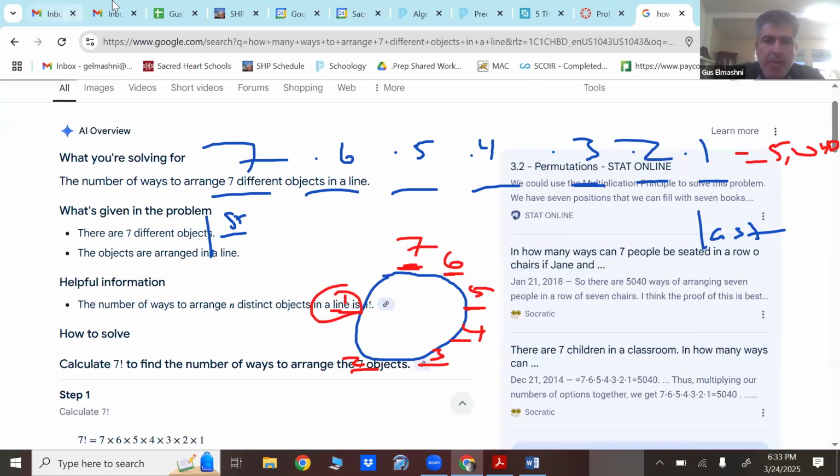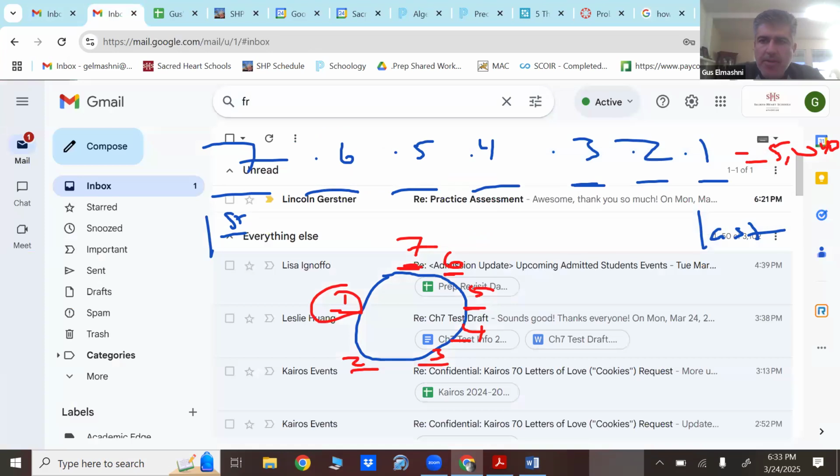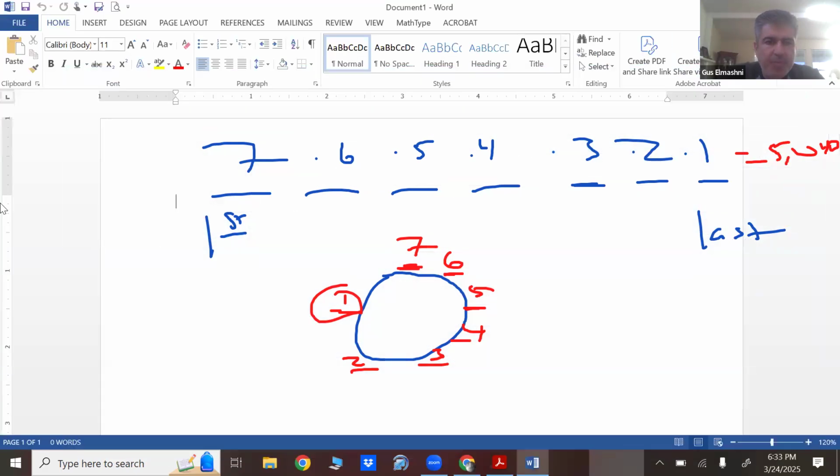Yeah, okay. So these are 720 ways. And a bracelet, I think would be the same thing. Or actually, you could reverse. I think it might be 6 factorial divided by 2.